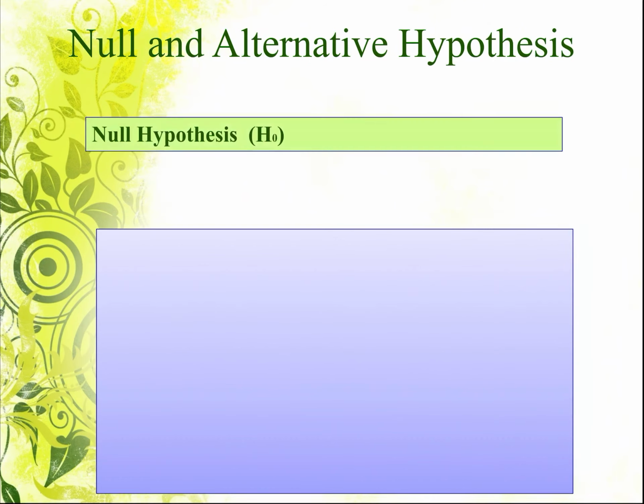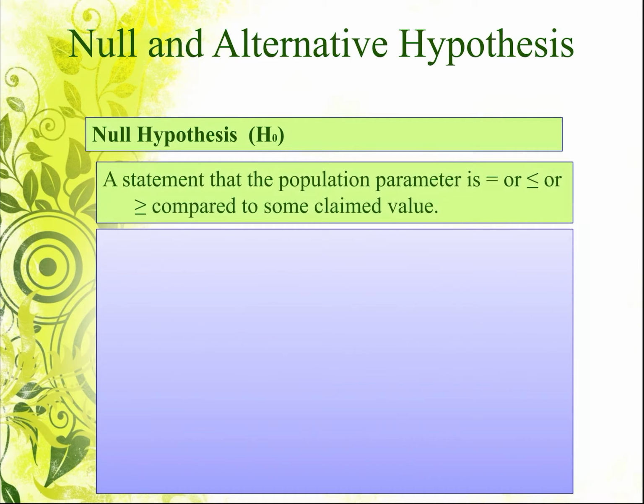Okay, let's talk about what we call the null hypothesis and the alternative hypothesis. The null hypothesis will use the notation H sub 0, but people usually don't say H sub 0, they say H naught. And the naught is the word N-A-U-G-H-T.